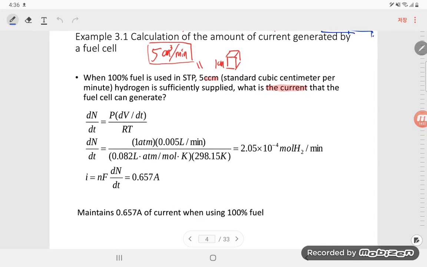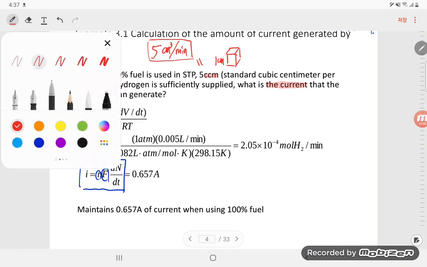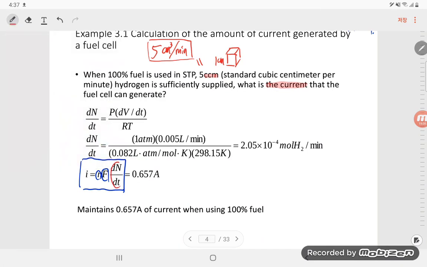So by using this, I equals nF dN/dt. We already know n as 2 and F as the Faraday constant. So if we get dN/dt, then we can know the current I.